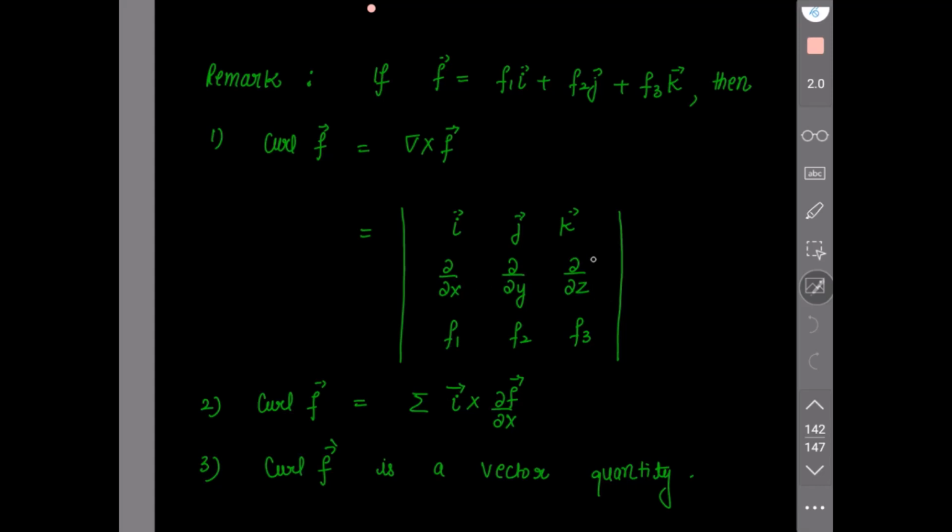Just solve this determinant, alright? And curl f is equal to summation i cross ∂f/∂x. This curl f is a vector quantity. Now grad phi is your vector quantity. Divergence of phi is your scalar quantity. Curl of f is your vector quantity.